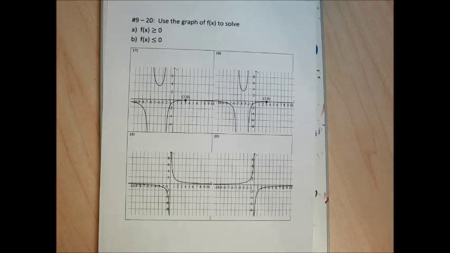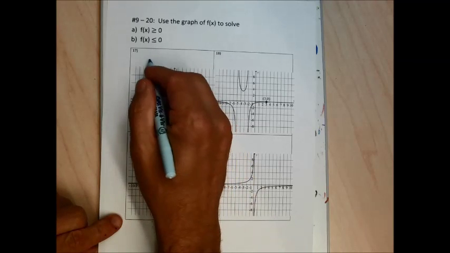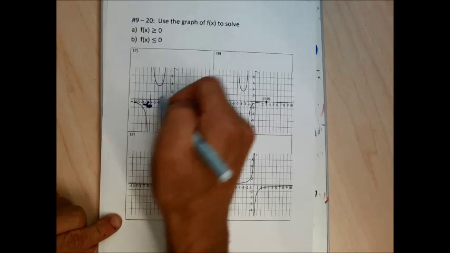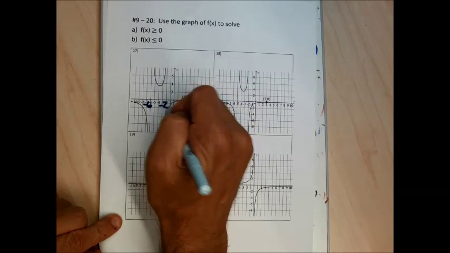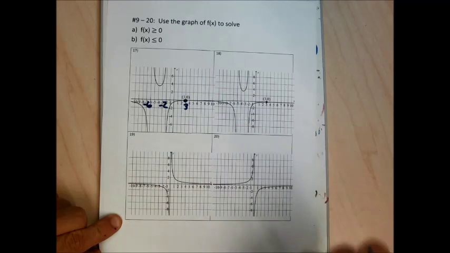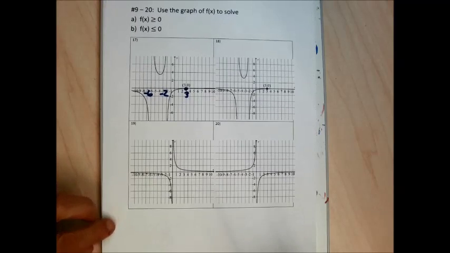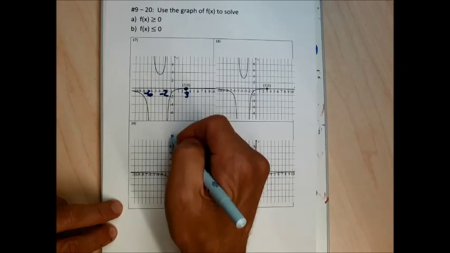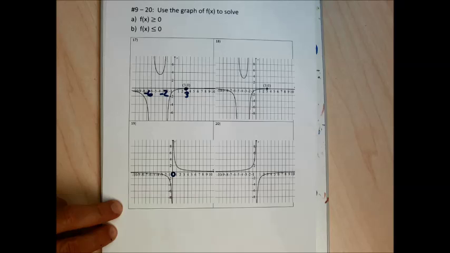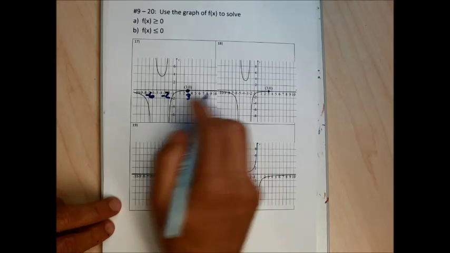So in problem 17, there's supposed to be a vertical asymptote at -6, a vertical asymptote at -2, and an x-intercept at 3. In problem 19, there's no x-intercepts and there's a vertical asymptote at 0. Let me do 17 just to get it done, and I won't do 18.